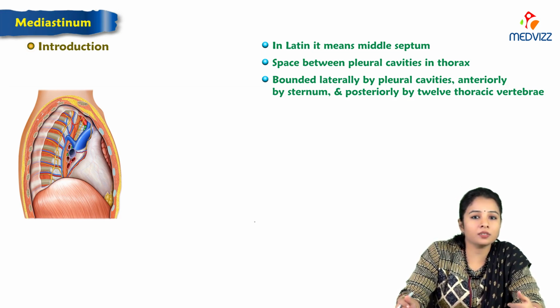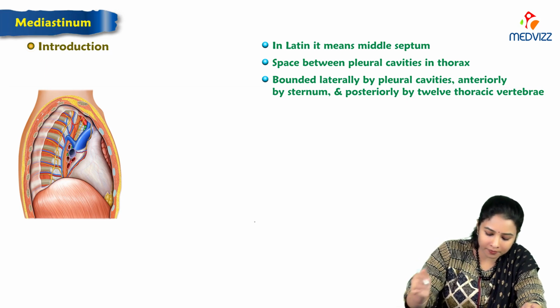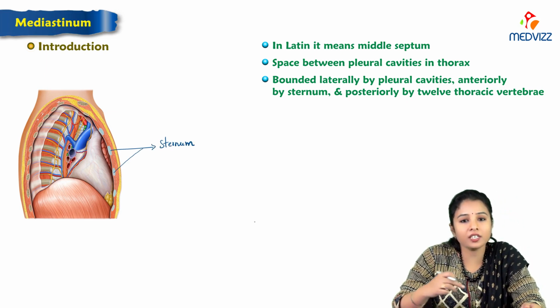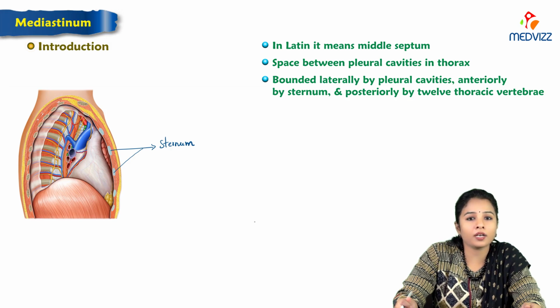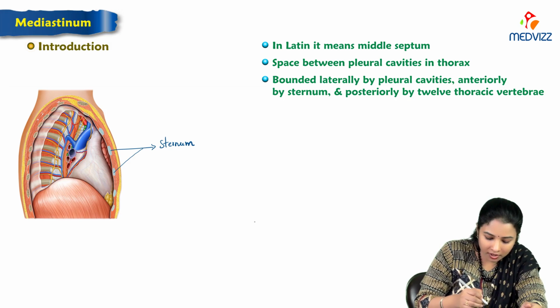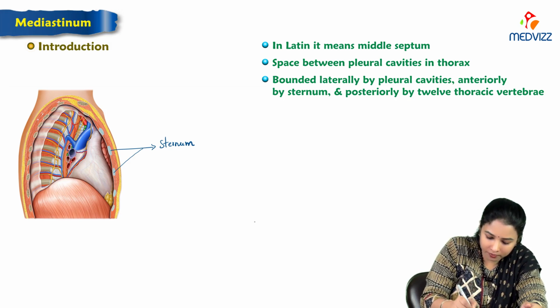It is bounded laterally by the pleural cavities, anteriorly by the sternum, and posteriorly by the 12 thoracic vertebrae.